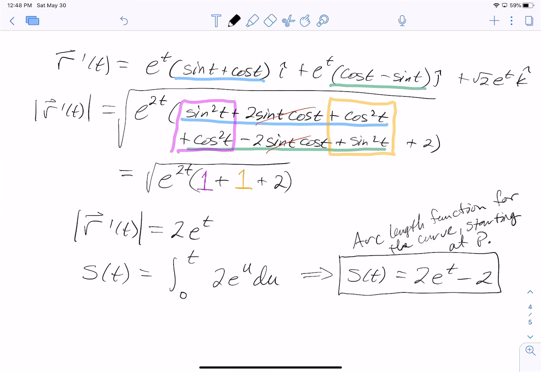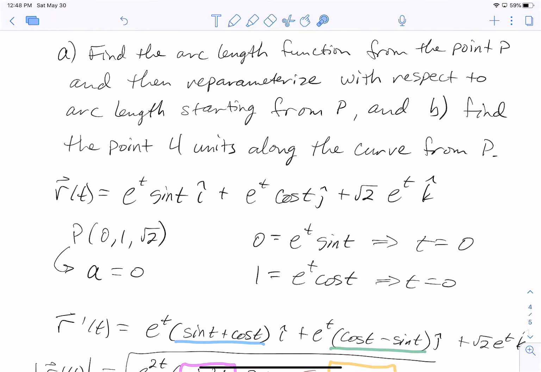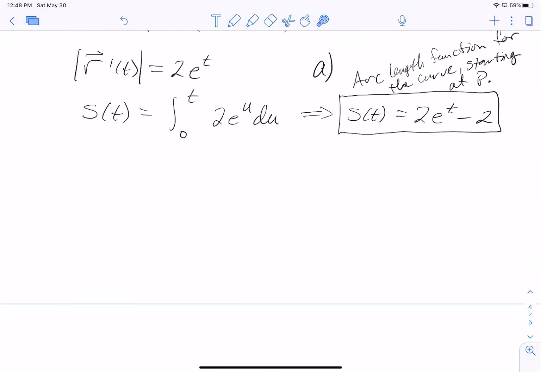So here we have satisfied part of part A. We were then asked to reparameterize with respect to arc length. What that means for us is I want to express t, the parameter, in terms of s, the arc length.